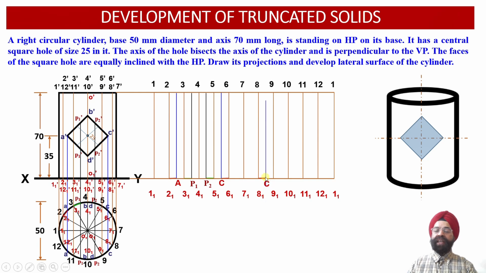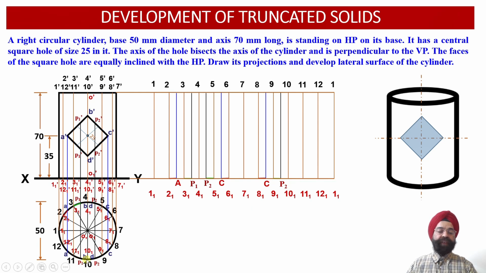Again a vertical blue generator we will be able to obtain corresponding to the corner point C. Next point available with us is P2. We know that point P2 lies between the circumference points 9 and 10. Once we measure the distance from point 9 to point P2, as we move along point 9 to point 10 along the circumference, we'll be able to locate point P2 over here.